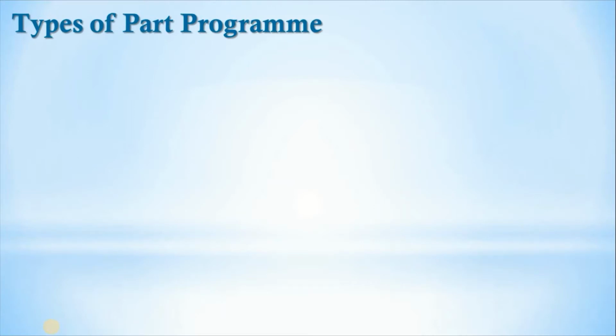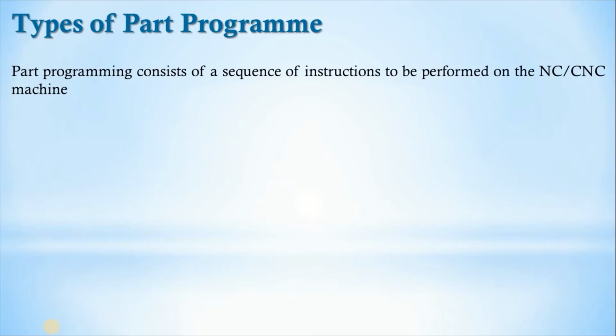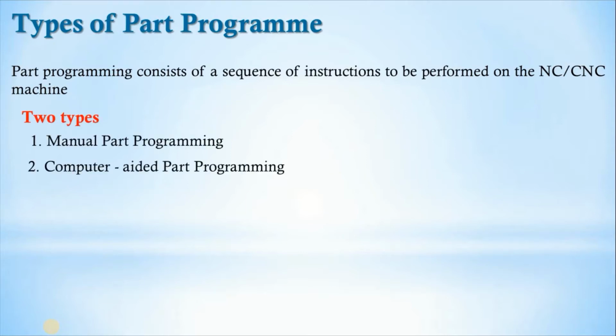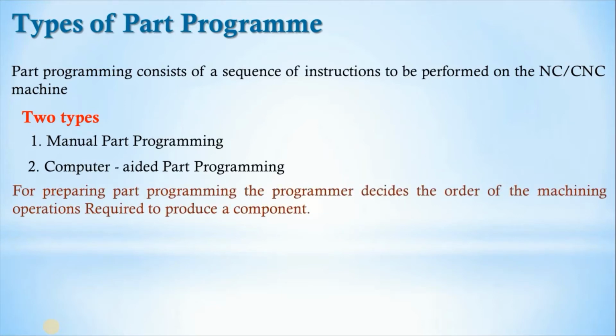We have to follow these whenever we are doing the part program. Now we are going to see what the types of part program are. Part programming consists of a sequence of instructions to be performed on an NC or CNC machine. There are two types: manual part programming and computer aided part programming. For preparing a part program, the programmer must decide the order of the machining operations required to produce a component.